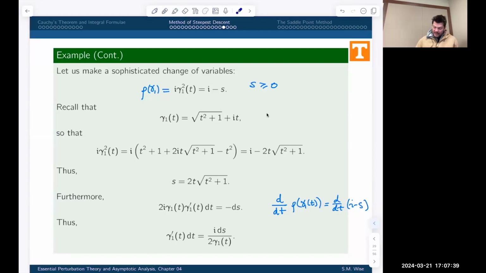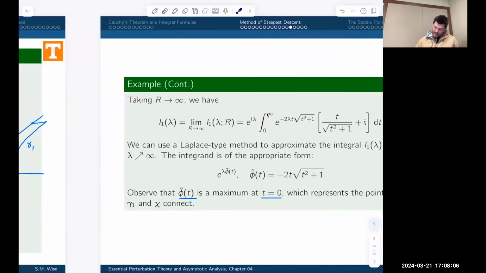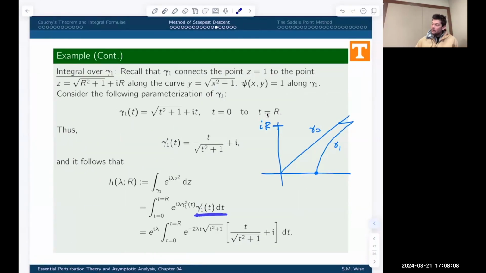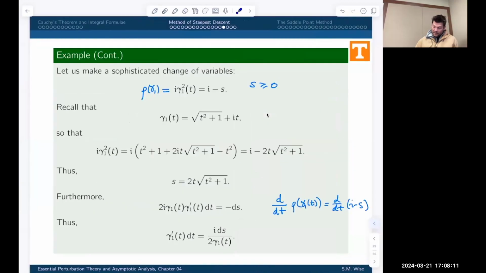All I'm doing is taking the time derivative of rho, setting it equal to the time derivative of this guy, using the assumption that once I have ds dt, I can write that as a fraction, and I get this. That makes replacing gamma prime t dt a lot easier. We can simply replace every occurrence of this, notice that it appeared here, with all of this.